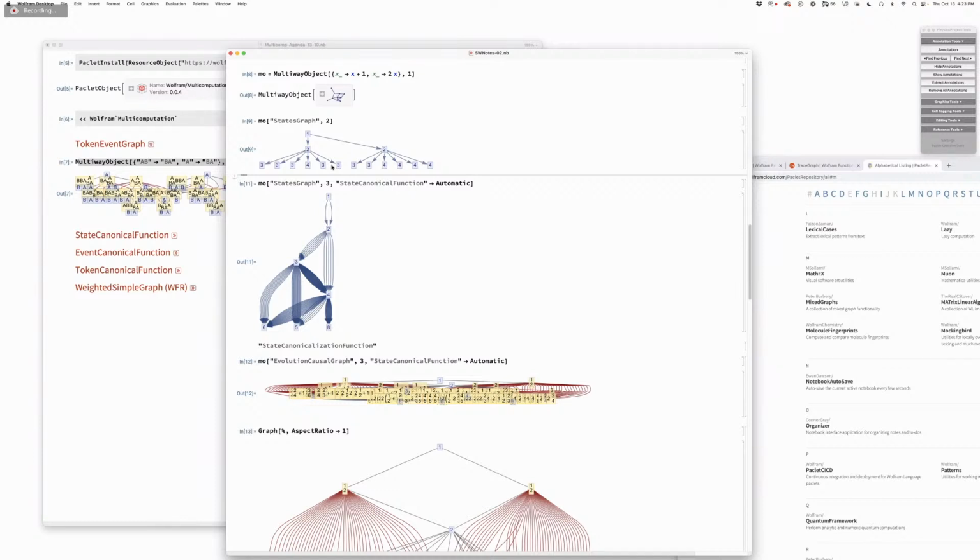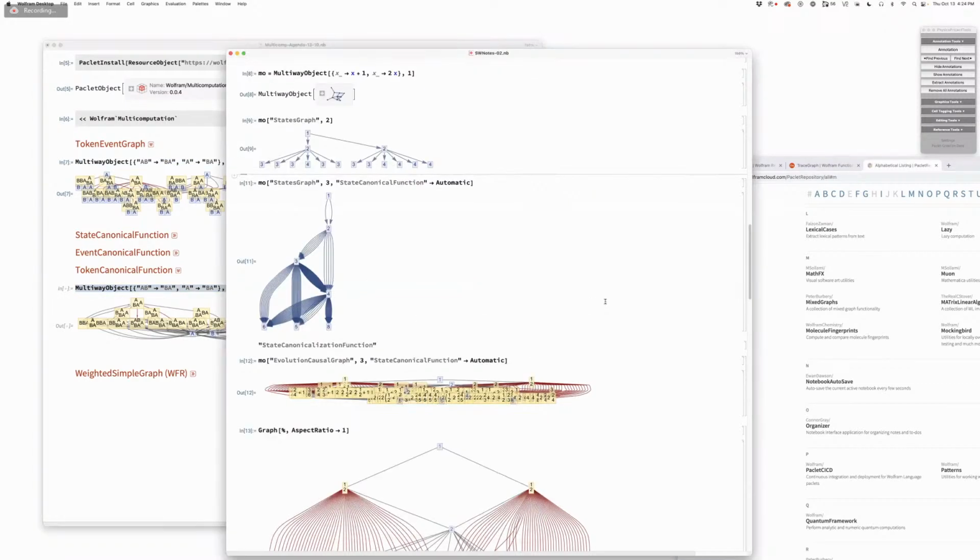Well, I'm not sure whether something else is needed. It depends on what you need. Well, I don't know, you tell me. But to generate the multi-way graph, okay, what is the token canonical function? It's only for the token event graph. Because now your state, the blue boxes, is just the individual hyperedges. So it's just a little bit different.